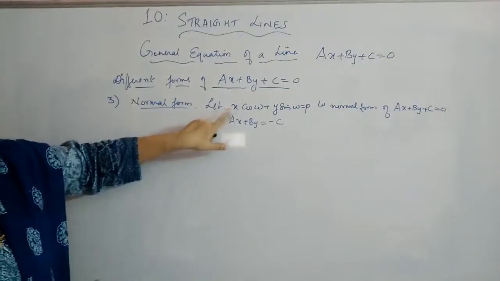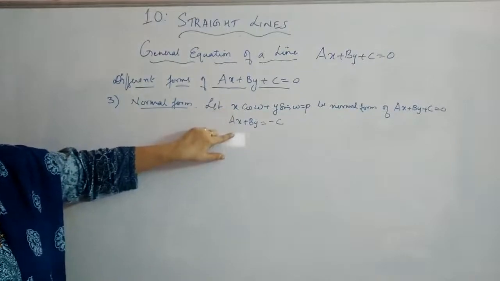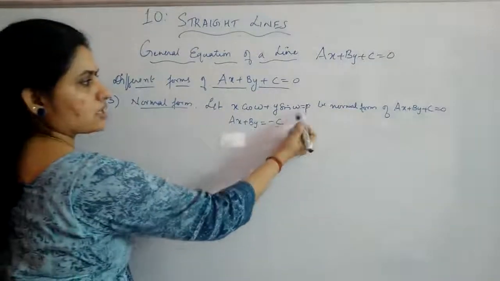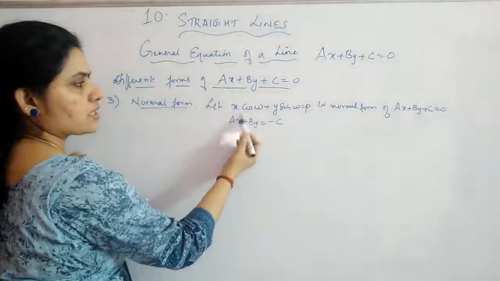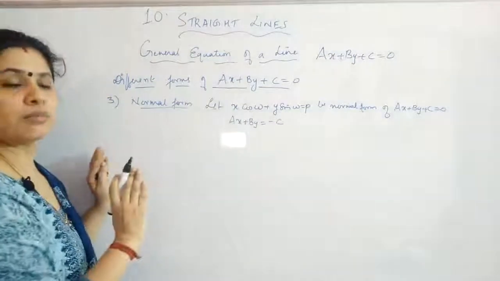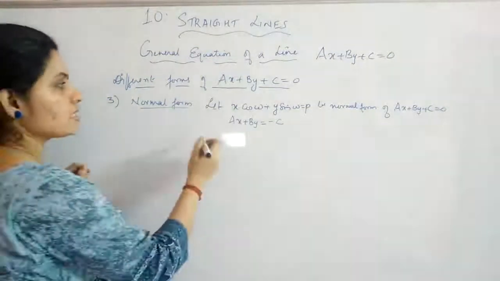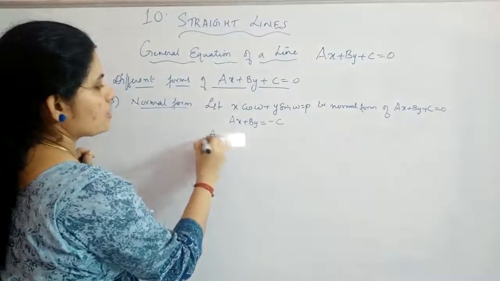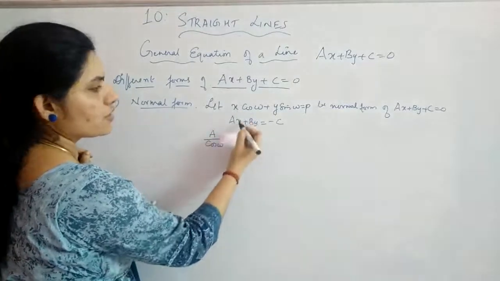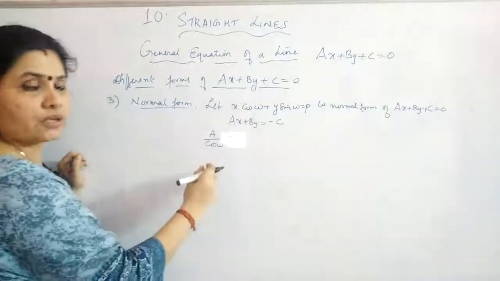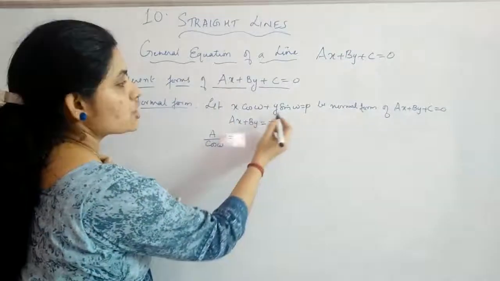Okay. So here we can compare the coefficients. That is, these are constants. Then here the x coefficients and y coefficients. Since they are both one and the same, we can just write that a by cos omega, the coefficient of x, ratio of the coefficient of x will be same as ratio of the coefficient of y.